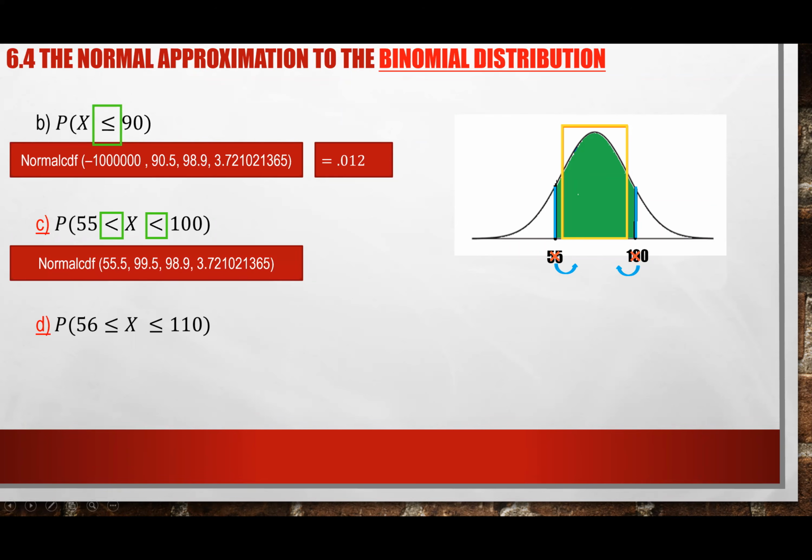So 55 plus 0.5 gives me 55.5, and 100 minus 0.5 gives me 99.5. My lower limit is 55.5, my upper limit is 99.5, my mean is 98.9, the same mean as before, and my standard deviation is the same.